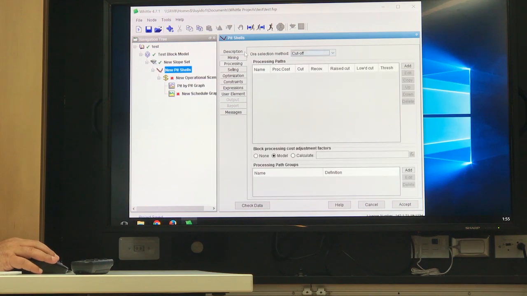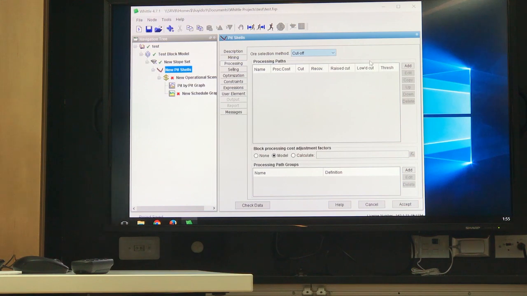So for processing, there are different things you could select here. Generally we select one of the two upper options. It doesn't matter which one you select if you have only one element or one processing method.